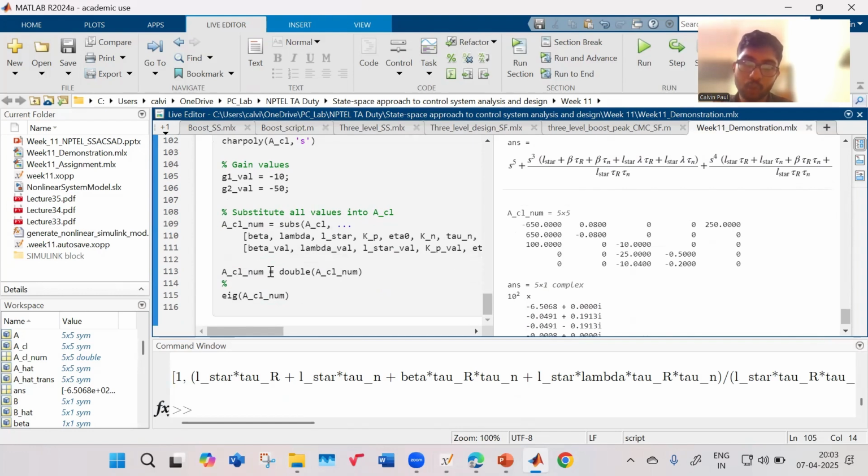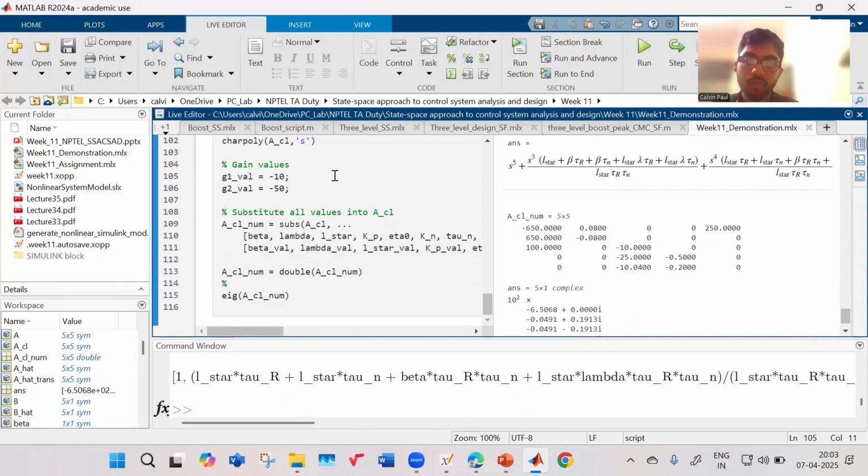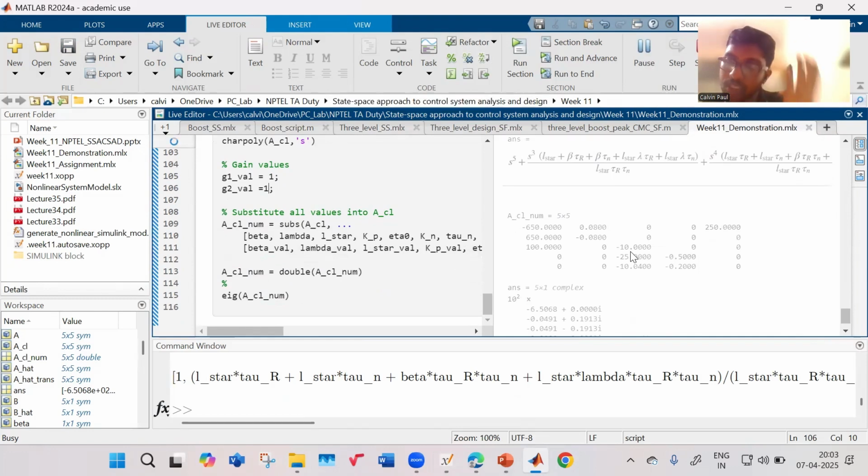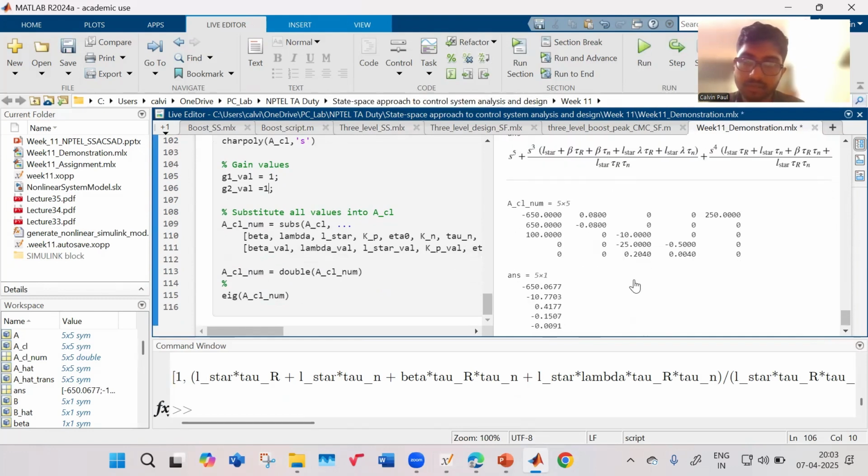We found this is the closed loop. Let us just consider the case when G1 is 1 and G2 let us consider to be 0. Or let us make it also 1. Let us see whether it is stable. The poles are stable in that case. Okay, but one pole is not stable.